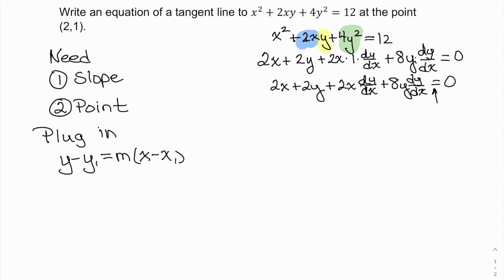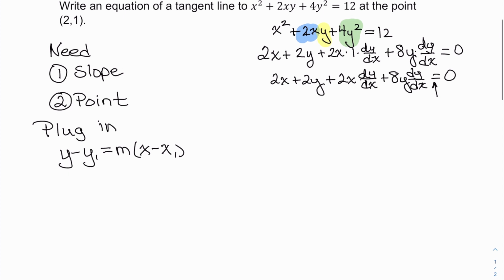My 2x dy/dx plus my 8y dy/dx both have a dy/dx in them, and any term that doesn't have dy/dx we move to the other side. So we subtract 2x and subtract 2y from both sides, and we get 2x dy/dx plus 8y dy/dx is equal to negative 2x minus 2y.